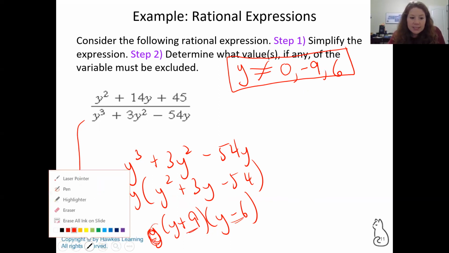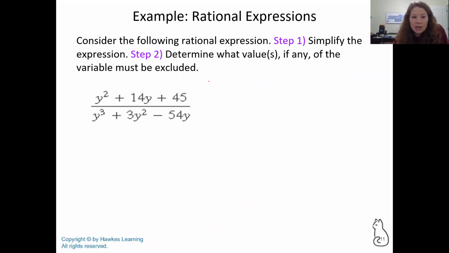All right, let me get rid of this stuff. So then we're going to simplify the numerator. We want two numbers that multiply to give us 45 and add to give us 14, which would be 9 and 5.